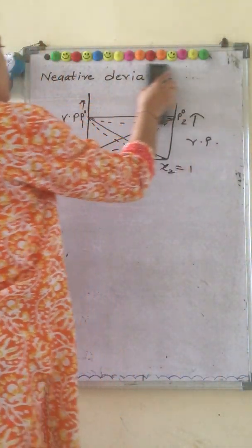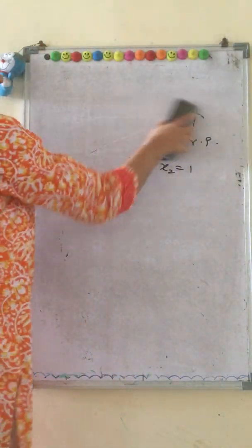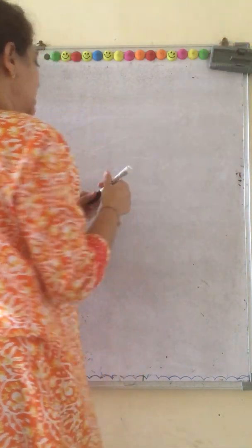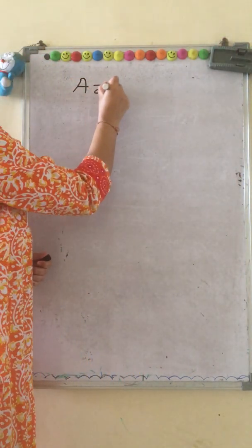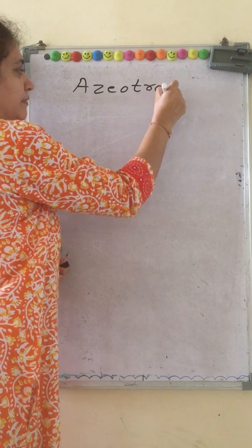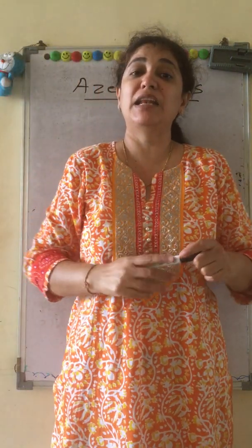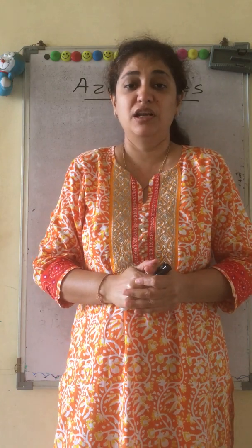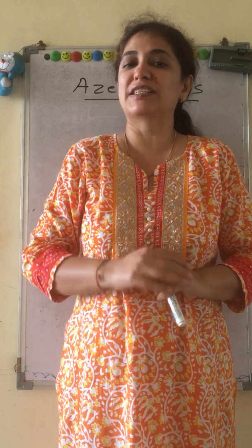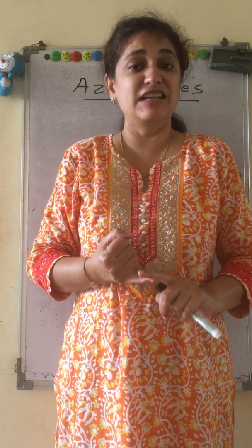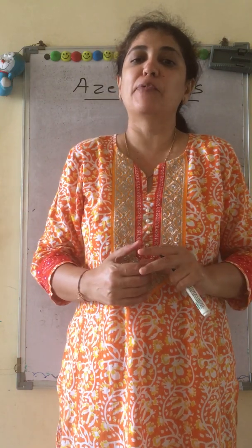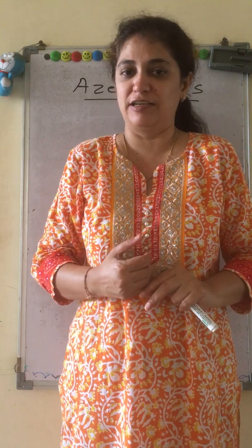Now, the next topic we have to study is azeotropes. Very important topic, and many a time questions are asked over it. What are azeotropes? As you know, a mixture of two liquids can be separated using the distillation method, and if their boiling points are near, we use fractional distillation.